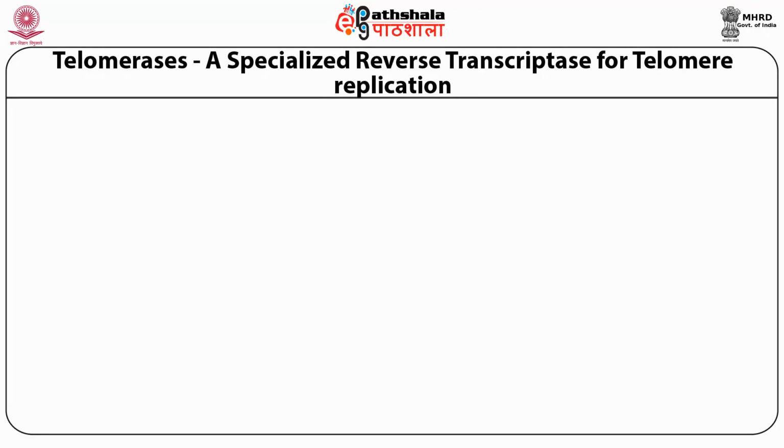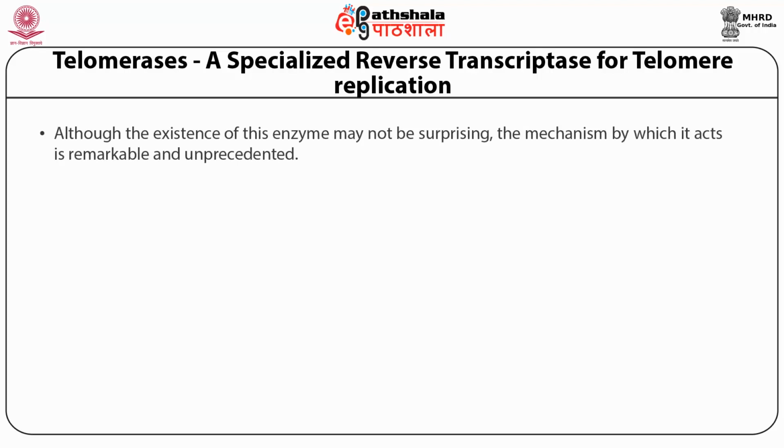Telomerases. They are a specialized reverse transcriptase enzyme which are involved in replication of the telomere found in eukaryotic cells. Although the existence of this enzyme may not be surprising, the mechanism by which it acts is remarkable and unprecedented. It contains both the RNA and protein components.